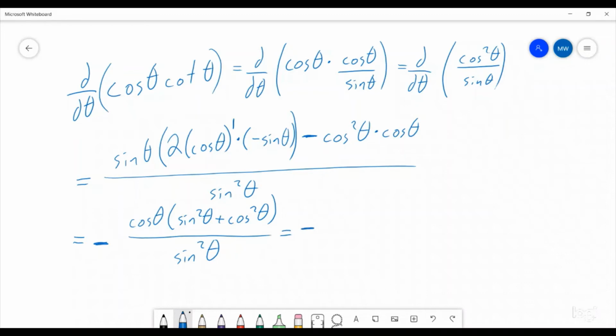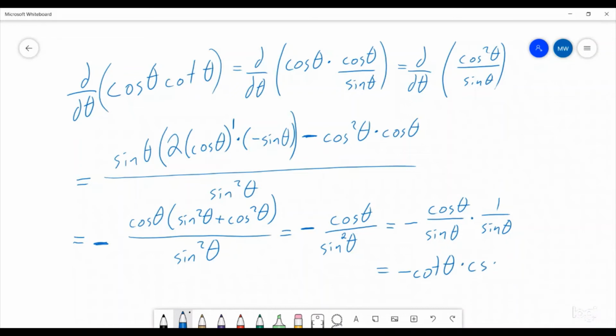So this is negative cosine theta over sine squared theta, which we can simplify as negative cosine theta over sine theta times 1 over sine theta, which is negative cotangent theta cosecant theta. And there we go. That is going to be the derivative of this function.